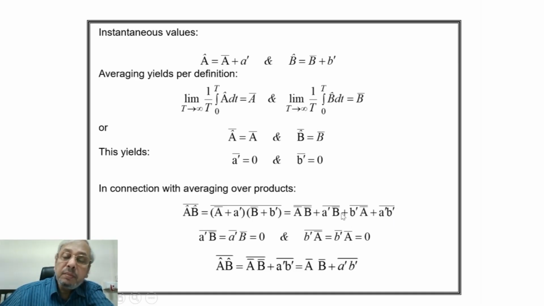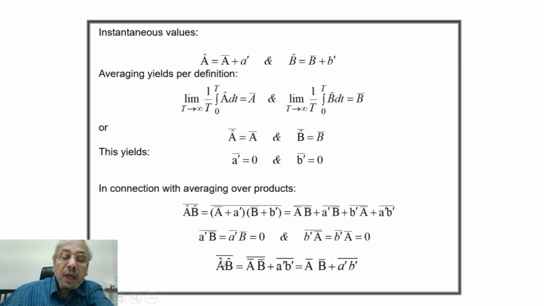Now A prime B bar over bar and B prime A bar over bar, these quantities are 0, because we have already mentioned that A prime over bar is 0, B prime over bar is 0. So that will make these two quantities 0.